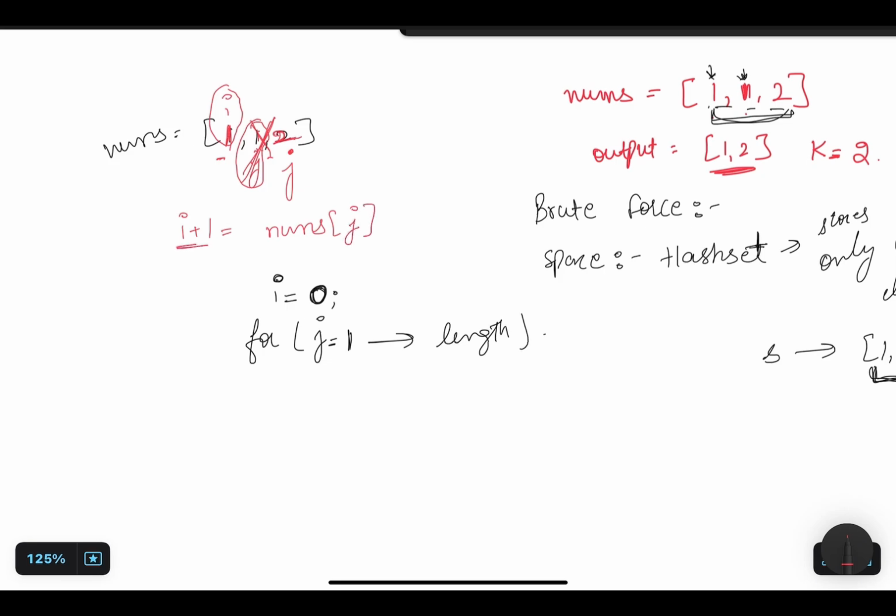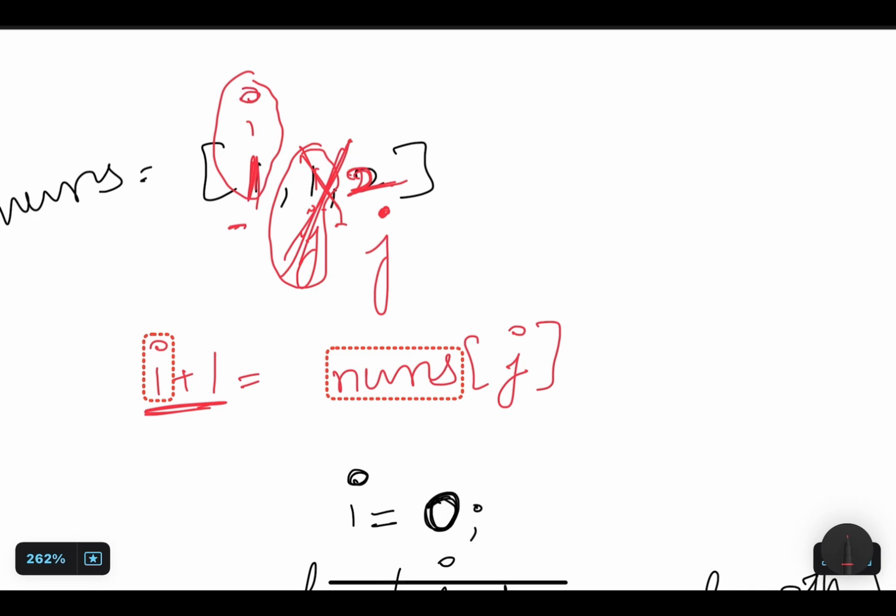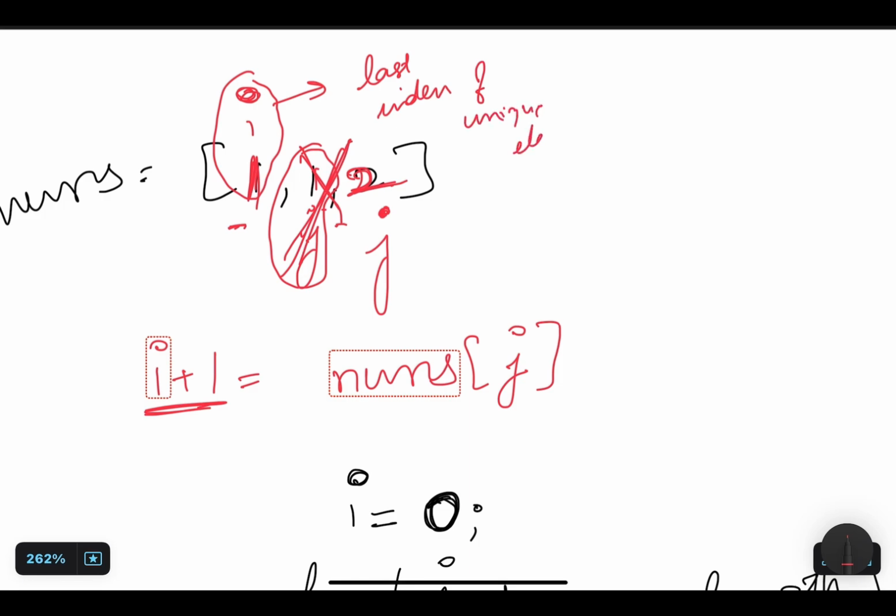Why i plus 1? Because this i pointer stores the last index of unique elements. Okay, the last index of unique elements. We know that on the very left side of this i index all elements are unique, and this i is standing at the position where the unique elements end.